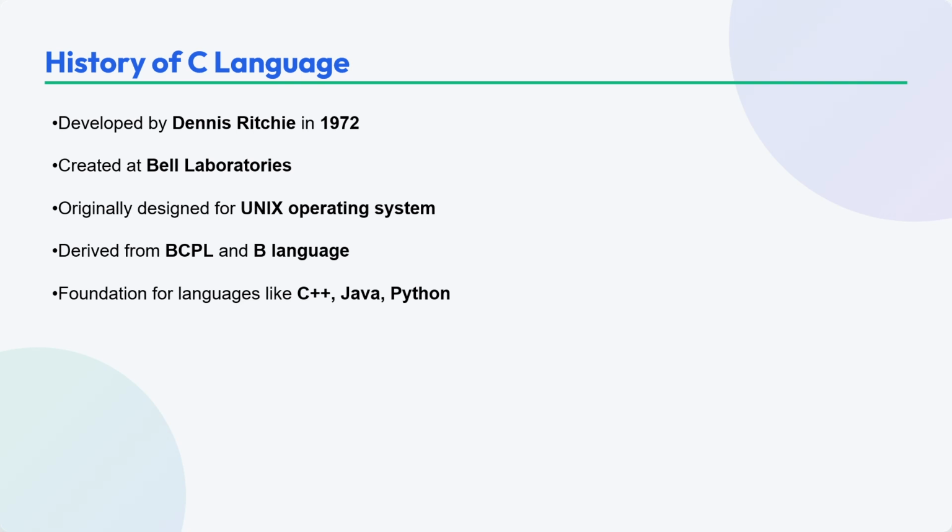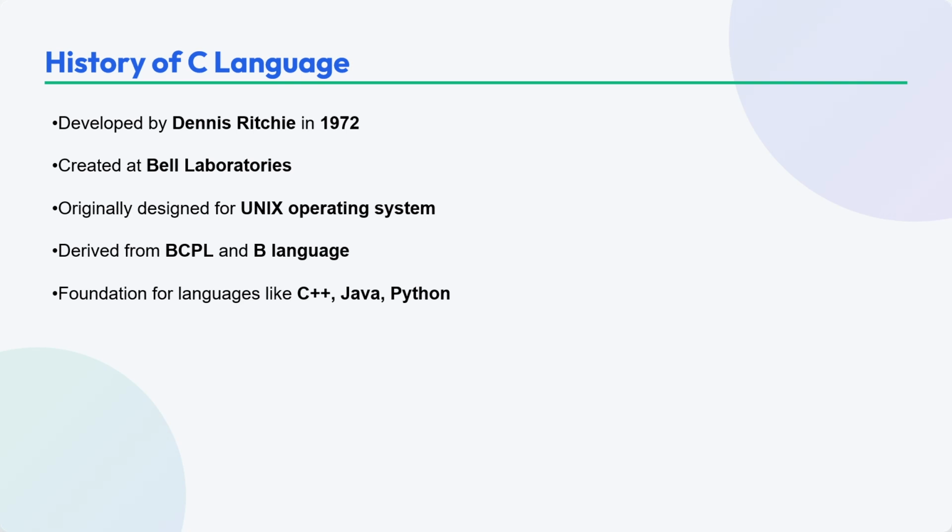What is the Unix operating system? Unix is a system that provides a platform for multitasking, where multiple operations can run simultaneously.